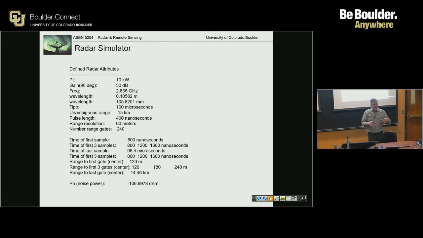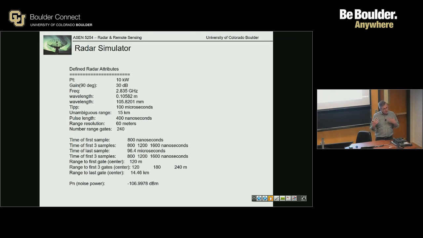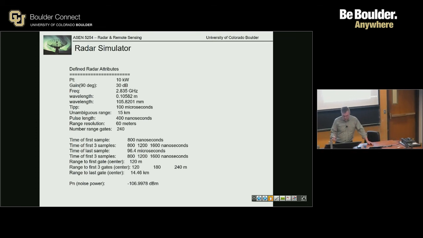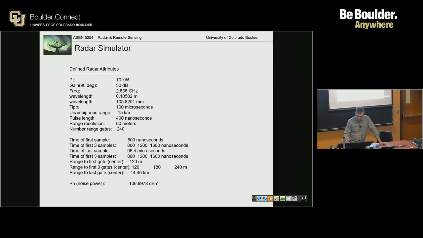So now with the radar simulator, what questions do you have? Do you want me to show you my plots? Okay. The first three range gates in time are the samples of the A to D. The last sample, 96 microseconds, is less than the IPP, the time of the next pulse.